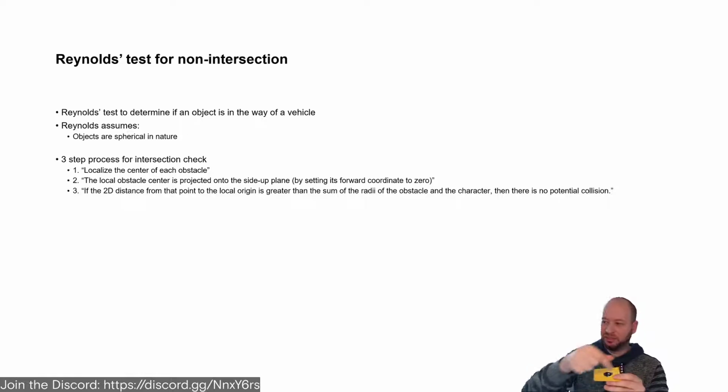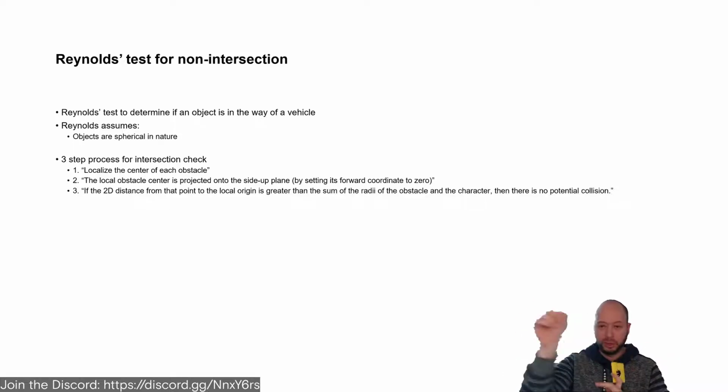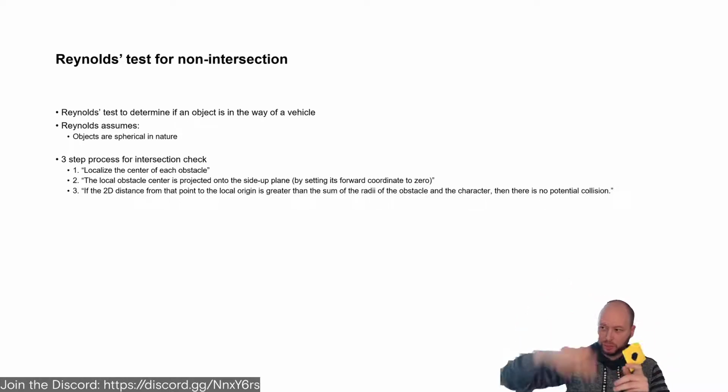So anything that's inside of that cylinder, I'm colliding with. It's very similar to the bounding sphere algorithm we talked about before in the collision, but instead of doing it with an arbitrary point in space, we're taking that point, squishing it down to our plane, and then determining whether or not it's in that cylinder.